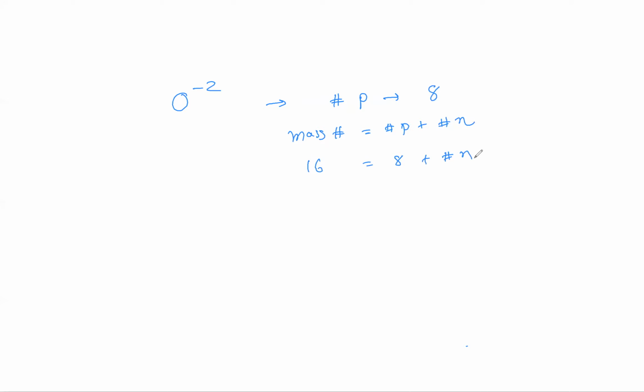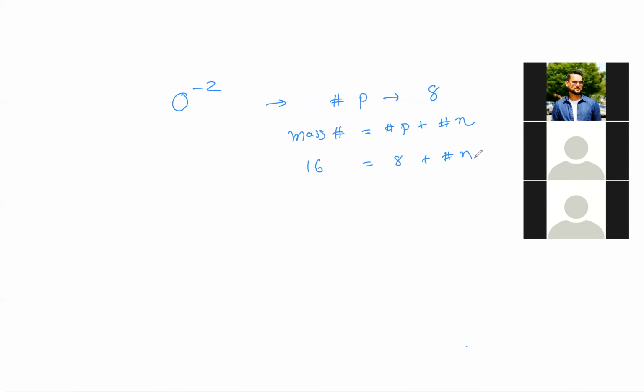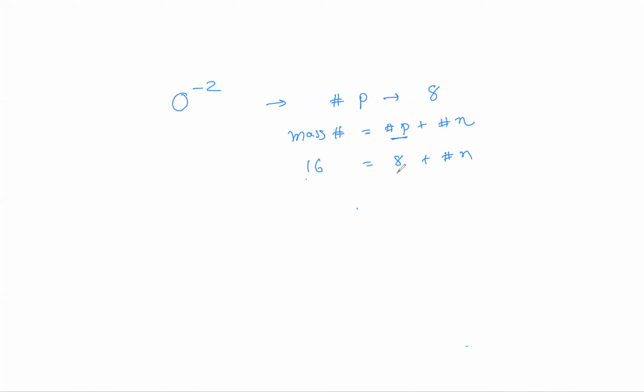Eventually we're going to round it off anyway, so I'm just going to say 16 for the moment. We already know the number of protons, and we have to find the number of neutrons. If we do the math, we want to get rid of the 8, so -8 from this side and this side. Eventually you know the number of neutrons is equal to 8.